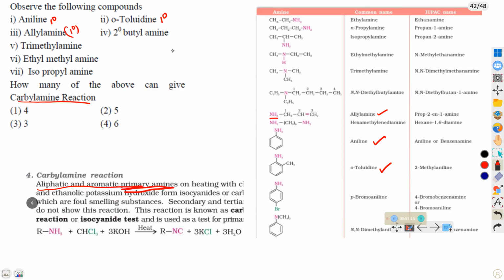Secondary butylamine. This is the structure. 1, 2, 3, 4. This is also primary amine. Trimethylamine is 3 degree amine.